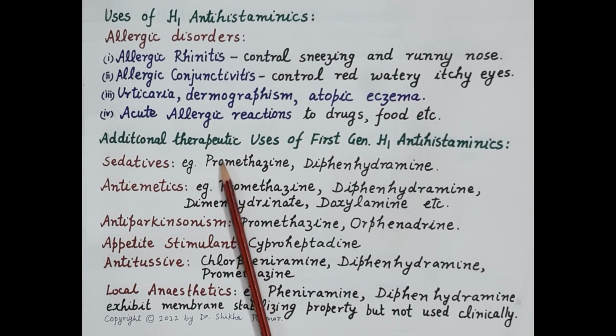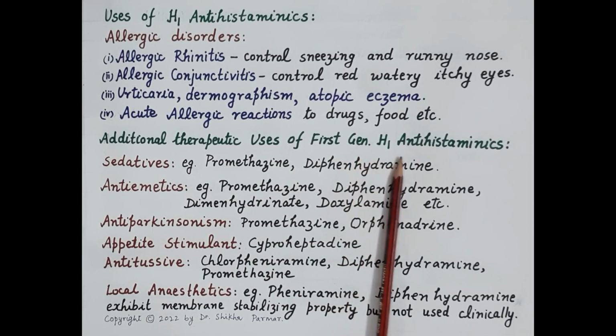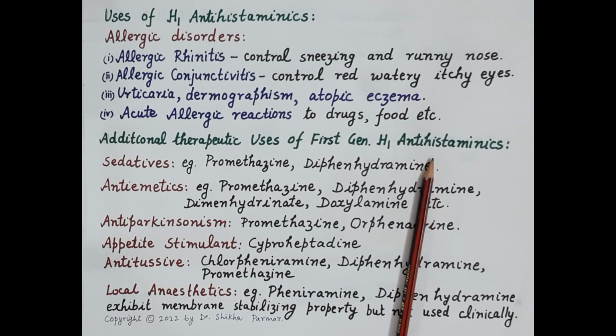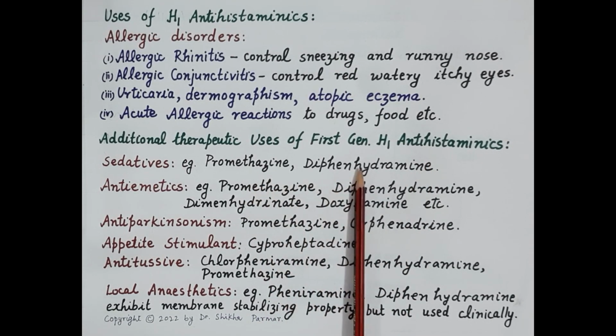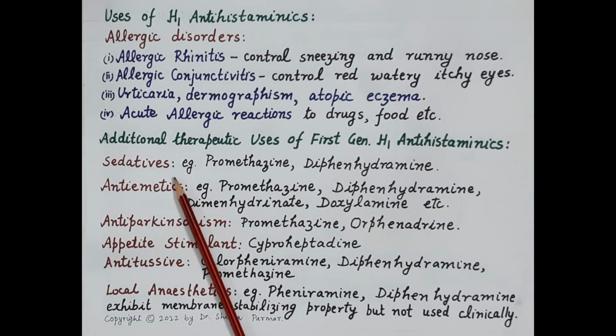Additional therapeutic uses of first generation H1 antihistaminics are seen as they produce varying degrees of blockade of muscarinic, alpha-adrenergic and serotonergic receptors. Drugs like promethazine, diphenhydramine are used as sedatives for short-term treatment of insomnia.